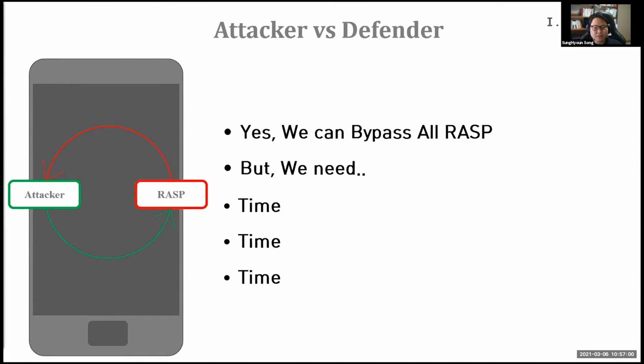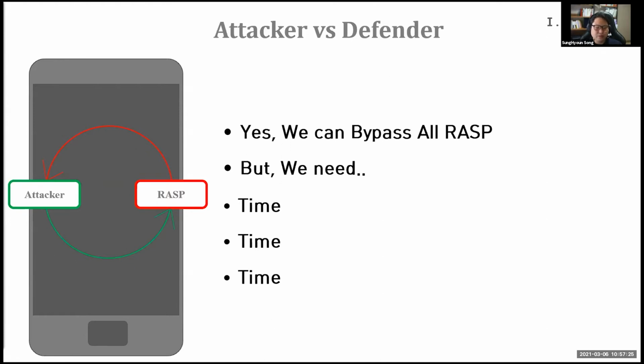The problem is time. They also know that RASP cannot defend completely against the attacker. The purpose of RASP is to annoy the attacker as much as possible and increase the time required for the attack. There is no perfect mechanism, and we are in a state of continuing to fight.